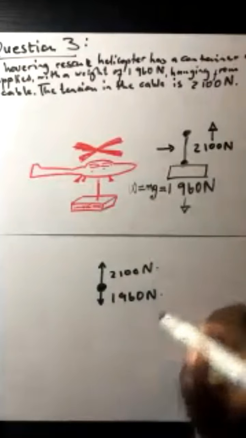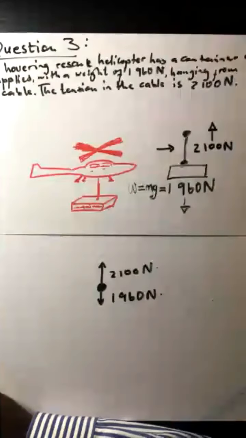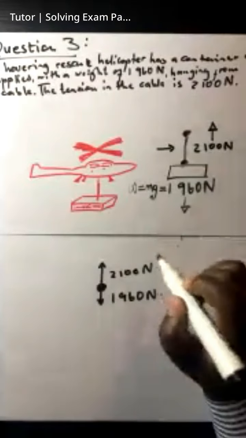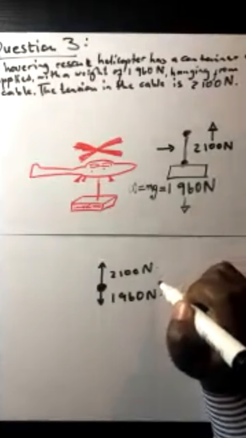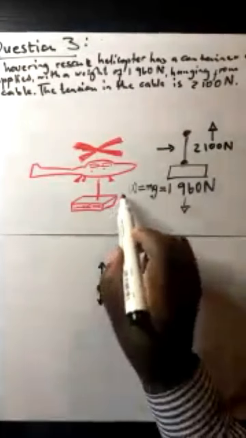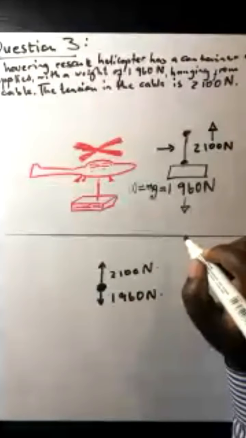These two forces, are they balanced? The answer to that question should be a yes or a no. No. So if they are not balanced, if this container were to move, in which direction was it going to move?